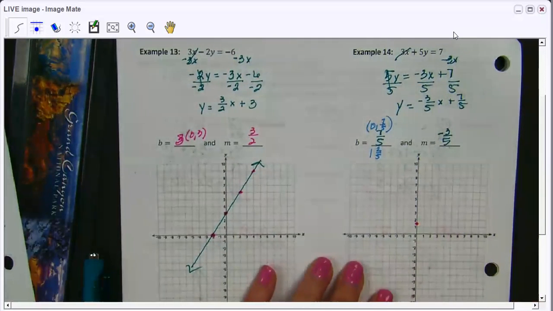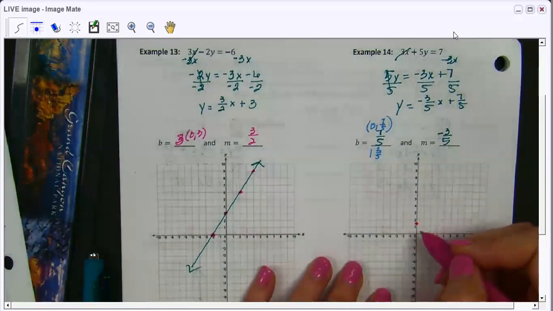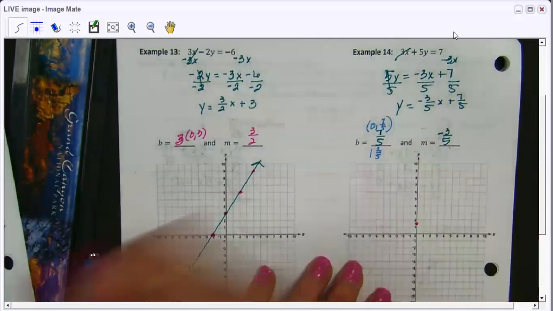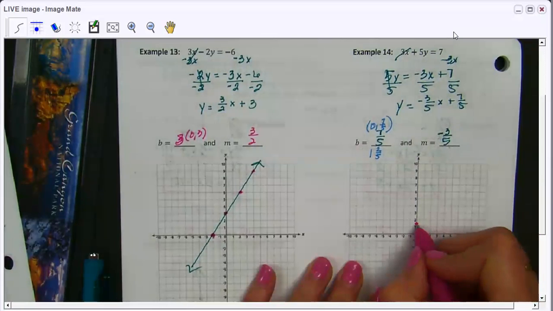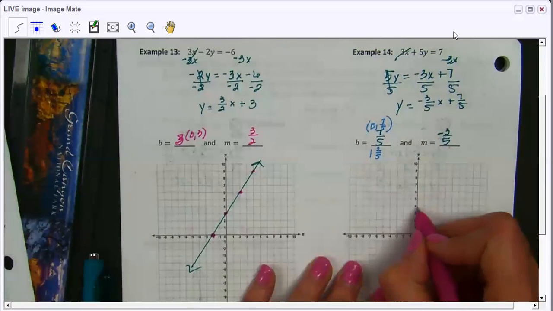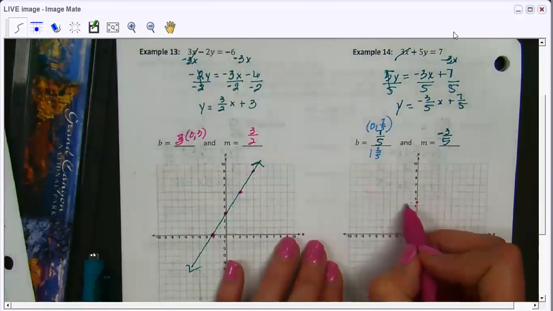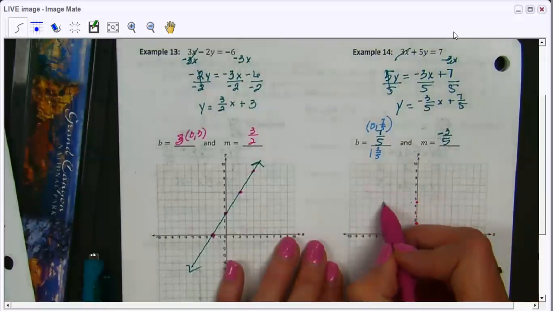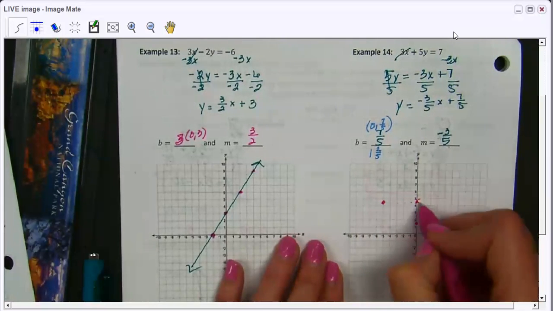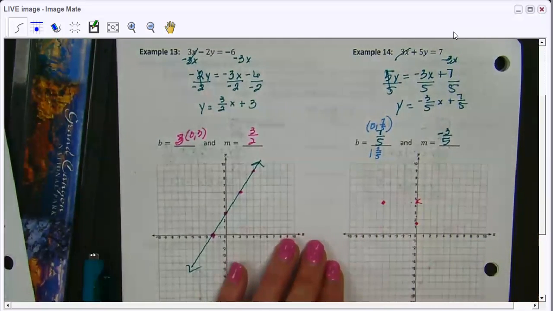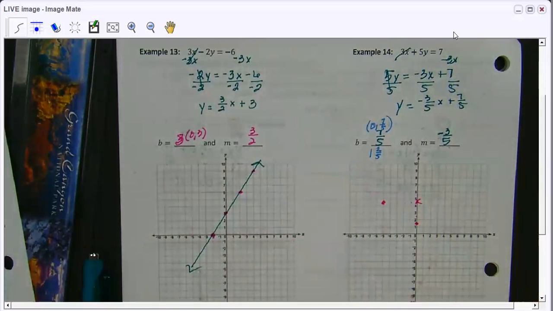Then when I graph my slope, I have to go up 3 and to the left 5. So when I go up 3, I go up from 1.5 to 2.5 to 3.5 to 4.5, right? And then I go over 1, 2, 3, 4, 5. So not this one. That would be my next ordered pair after I graph it.